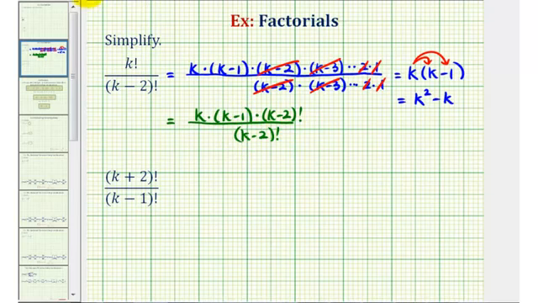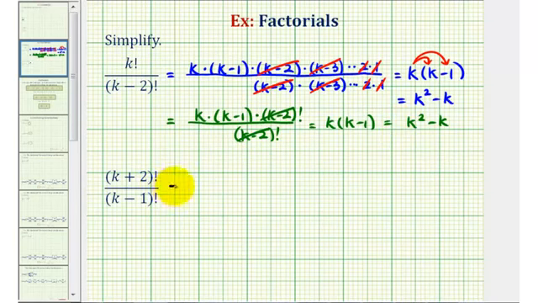So we can just simplify k minus 2 factorial over k minus 2 factorial. And notice how the result, of course, is the same. We have k times k minus 1, which is still equal to k squared minus k. Notice how the second method is a little more precise and actually less work. So if we can recognize when we have two equal factorials, it can save us some time.